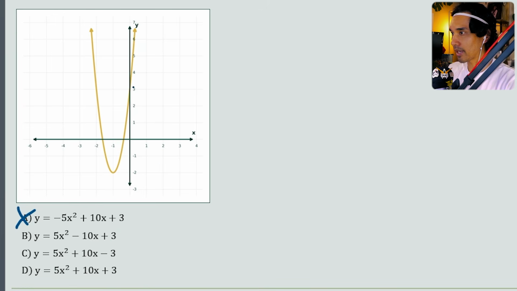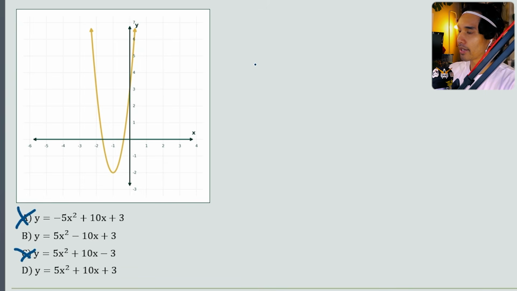So let's look at the y-intercept here, and it looks like it's at (0, 3). And it's not a negative 3, so we can get rid of C. That leaves us with 2 answer choices: y equals 5x squared minus 10x plus 3, and 5x squared plus 10x plus 3.